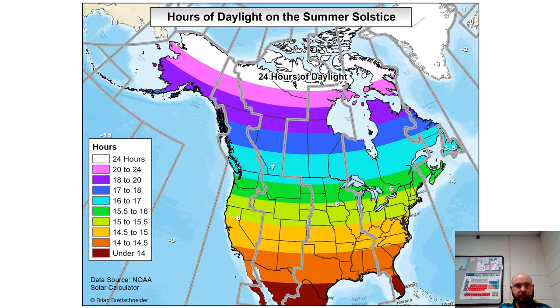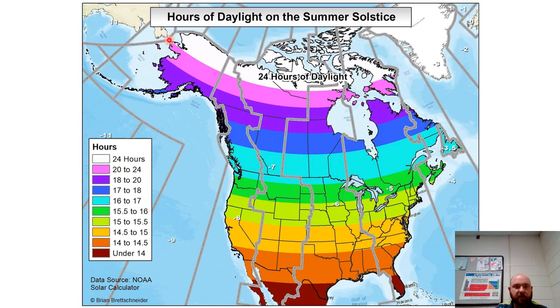But this map shows the Earth on the summer solstice, which is the longest day of the year in the northern hemisphere. The northern hemisphere is tilted directly at the sun, and it's receiving a lot of light.